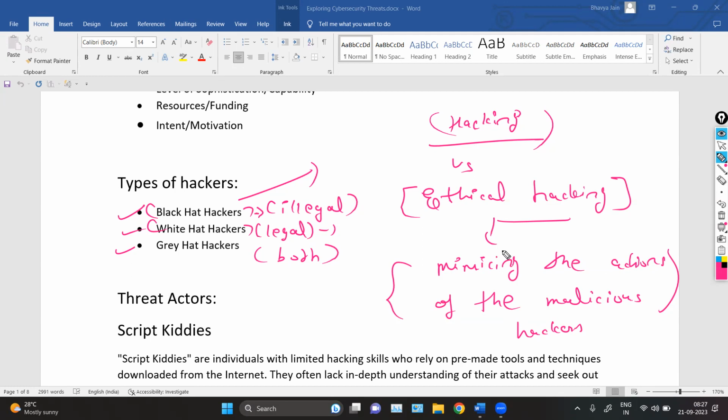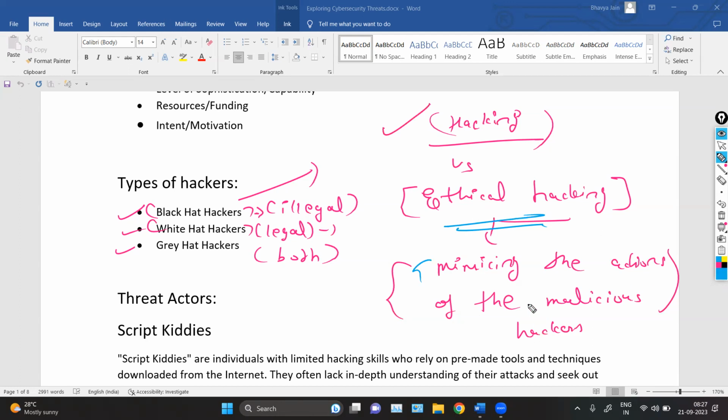The difference is just here: we are following and we are not following. In hacking, we are not following any permissions, laws, standards, or ethics. In ethical hacking, we are following them. The difference is permission and without permission. But in ethical hacking, you can notice the definition is mimicking the actions of malicious hackers.